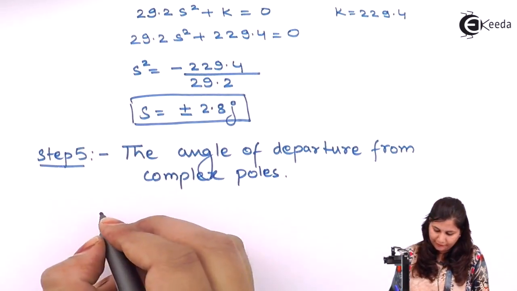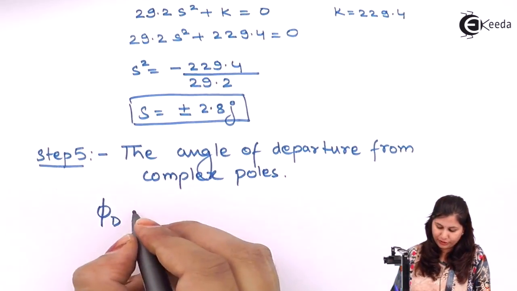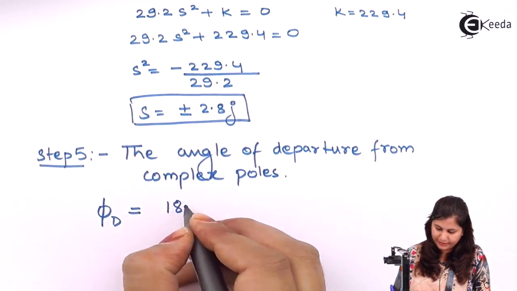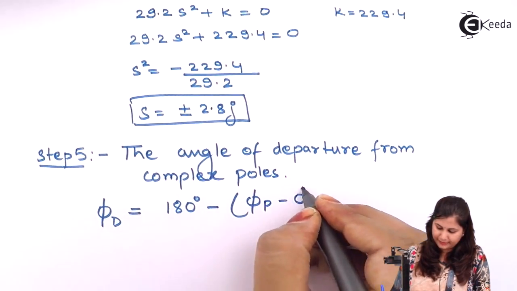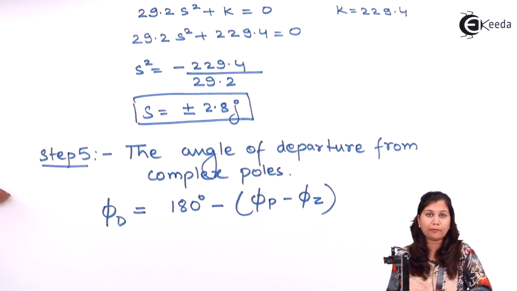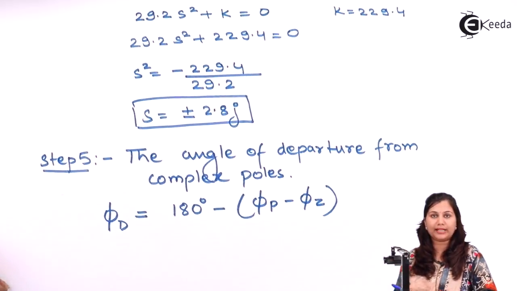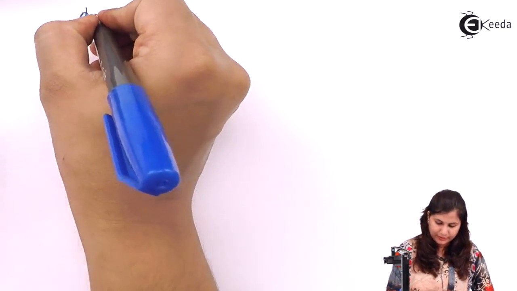So for this we have the formula phi d, that is the angle of departure, equals 180 degrees minus phi p minus phi z. What is phi p and phi z?